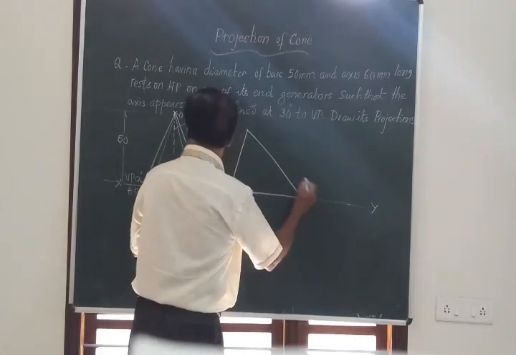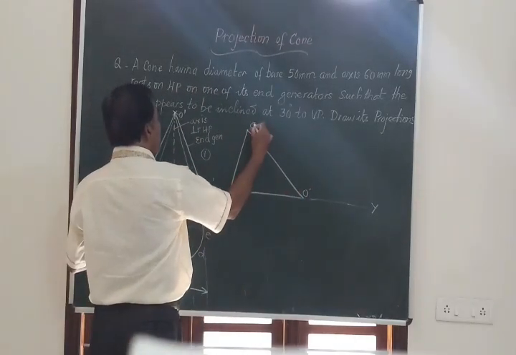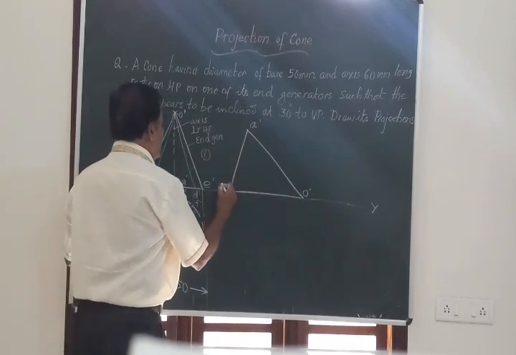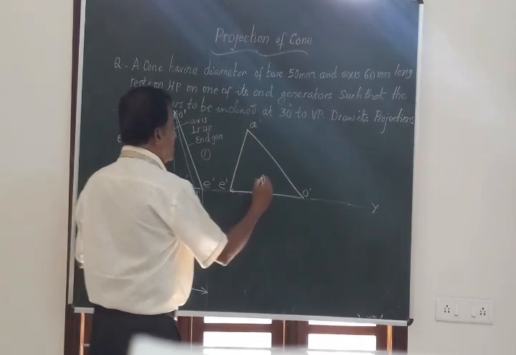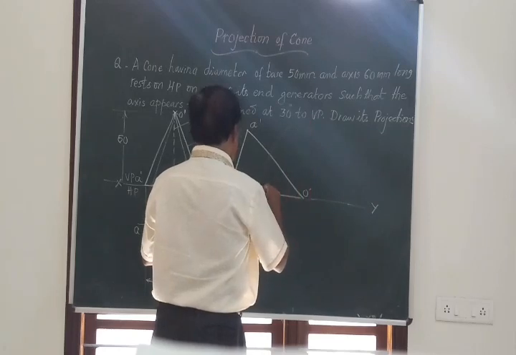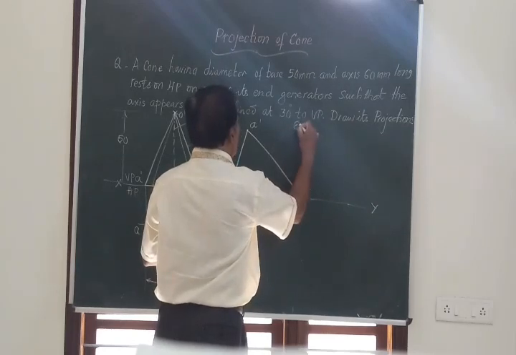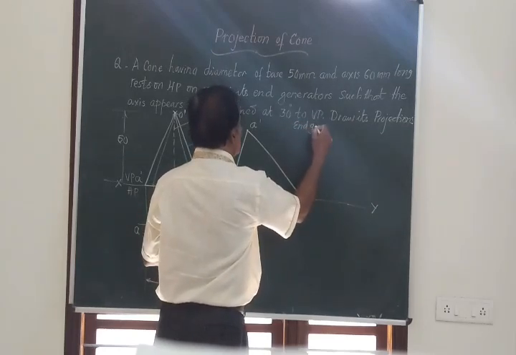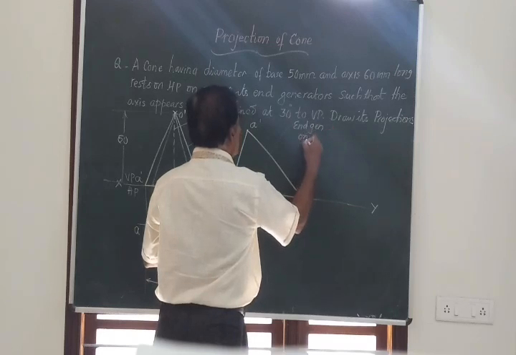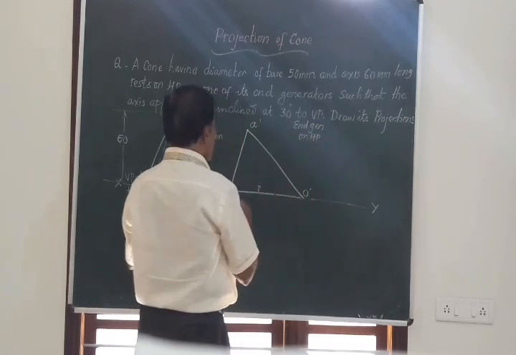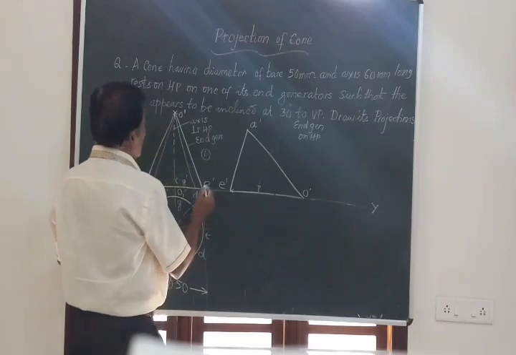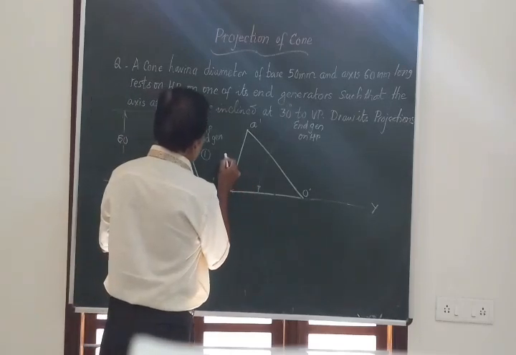The lower point is O dash, the upper point is A dash, and on the other end you have E dash. So the end generator is now on HP, or the solid is resting on one of the end generators on HP. Mark the other generators.